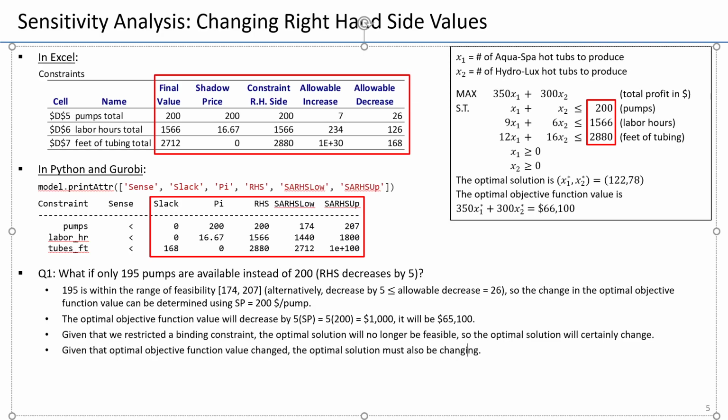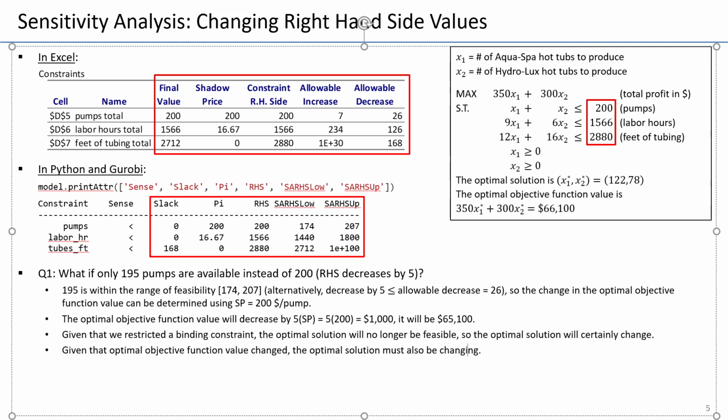So one thing to notice here is that the shadow price gives us information about the optimal objective function value change. However, this change is actually achieved through the change in the solution, right?